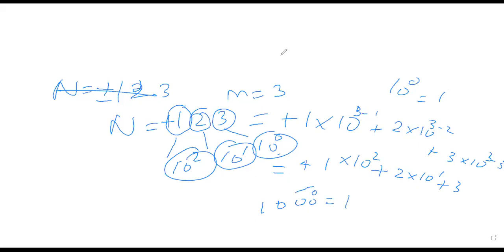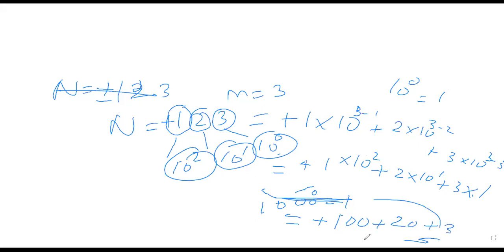So this will be plus 1 times 10 squared, which is 100, plus 2 times 10, which is 20, plus 3. This is how the number 123 has been created. This is what they are talking about.